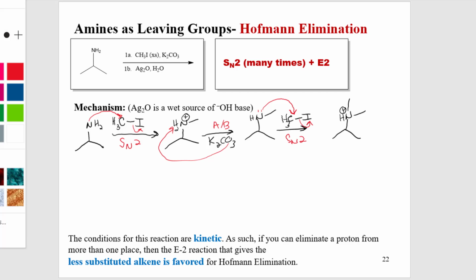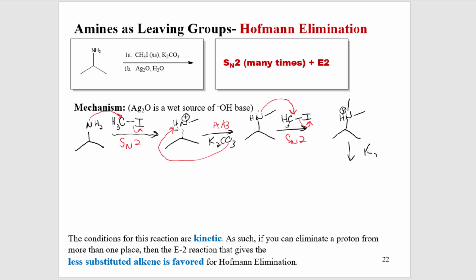Now I have two alkyl groups. There's still some potassium carbonate around. It takes off the extra proton in an acid-base reaction. And I'm going to do this one more time.